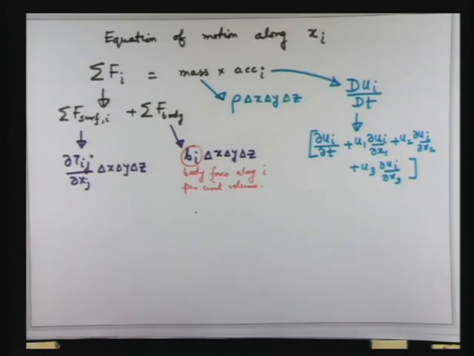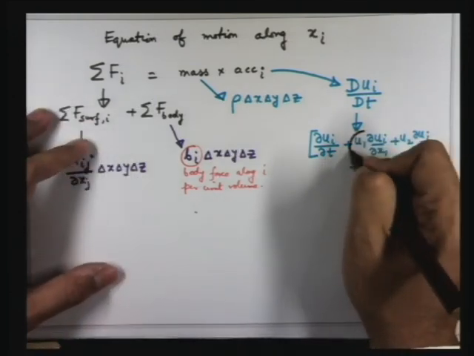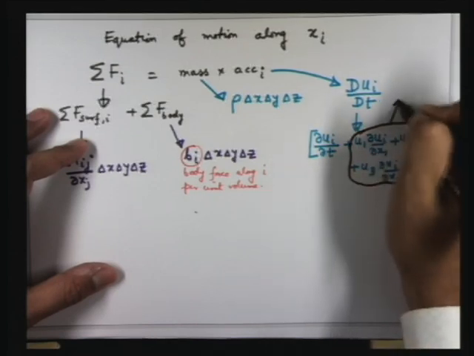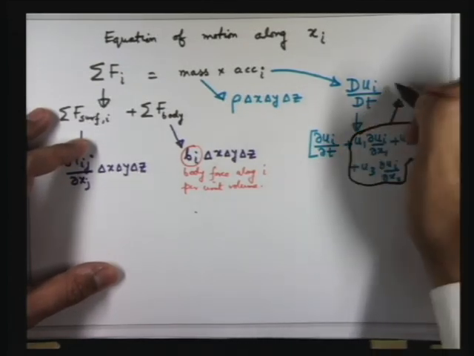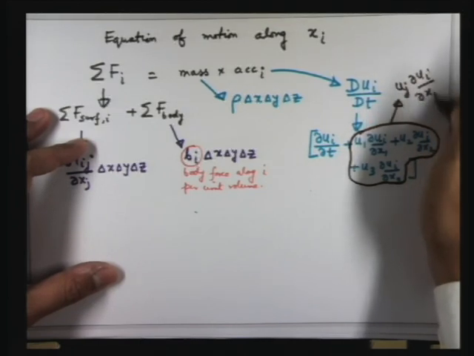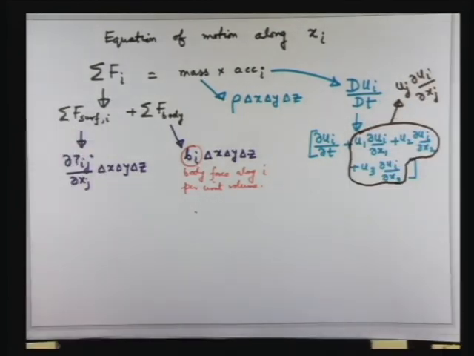The same thing that you have learned just expressed in index notation. So now you tell me these three terms compacted together, how can we write? uj del ui del xj, right? With an invisible summation over j equal to 1, 2, 3.